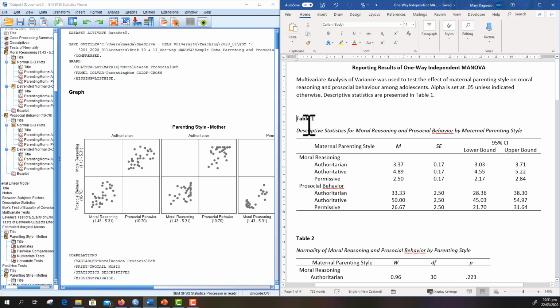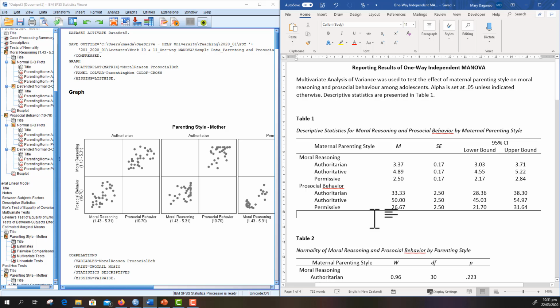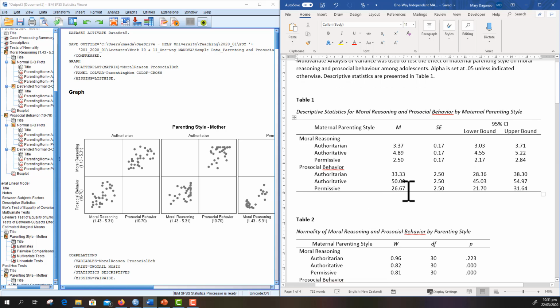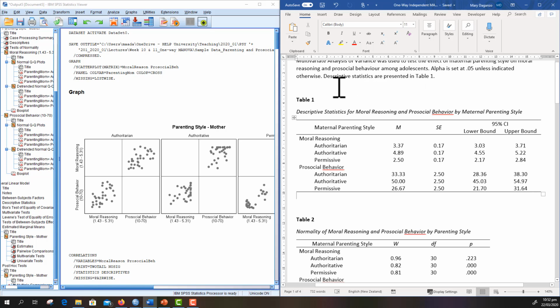And this is a good way to report the descriptive statistics. Instead of writing it in textual form, a table form allows the readers to see the values at a glance without having to go through a long text, because sometimes reporting these numbers, these figures in text can be confusing.